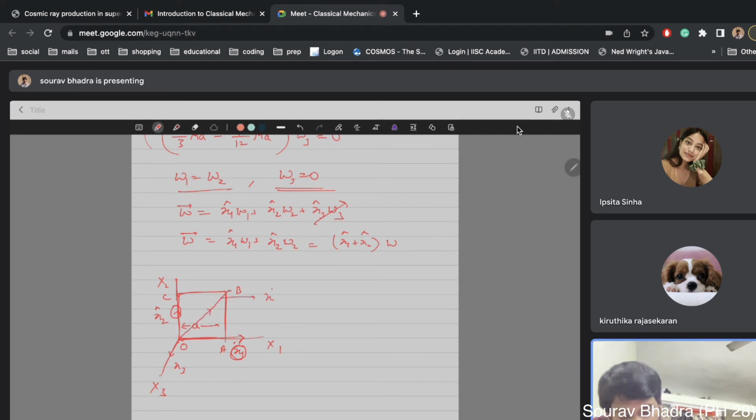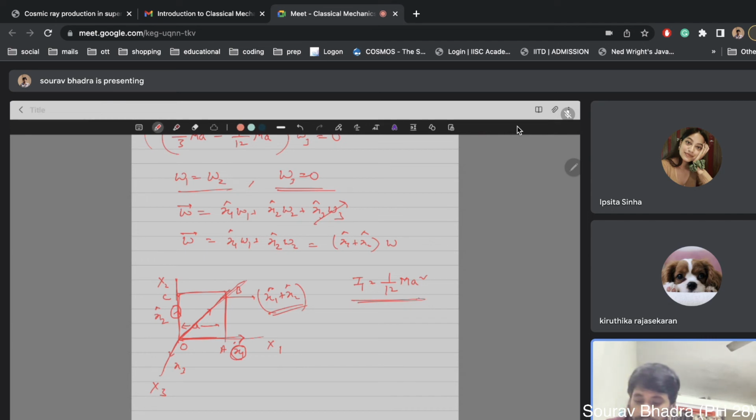This vector is the x1 plus x2 vector. So that I1, 1 by 12 m square, this value of moment of inertia is actually corresponding to this axis, which is the diagonal of the particular lamina. So the diagonal of the lamina is a principal axis of rotation. The first axis of rotation we have got from our I1, and that is the diagonal.